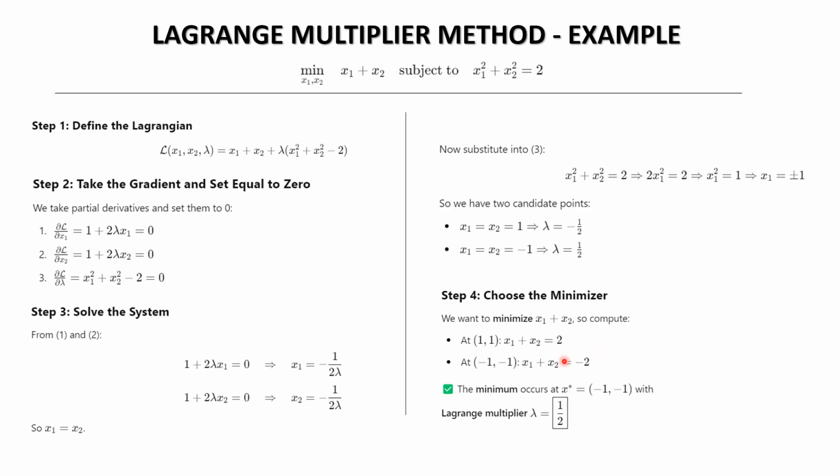For sure we will choose the minimum from these two points. So the minimum occurs at the point x star is equal (-1, -1) with a Lagrange multiplier equal 1 over 2. So we have solved our problem of minimizing the function x1 plus x2 on this constraint set.